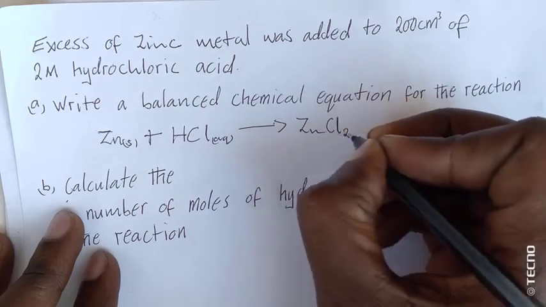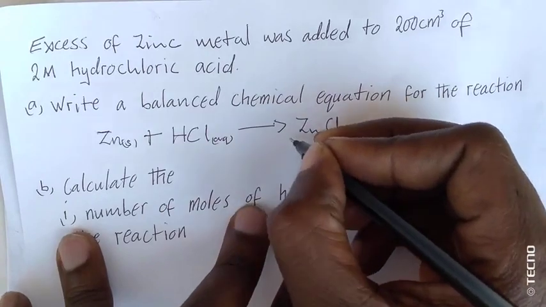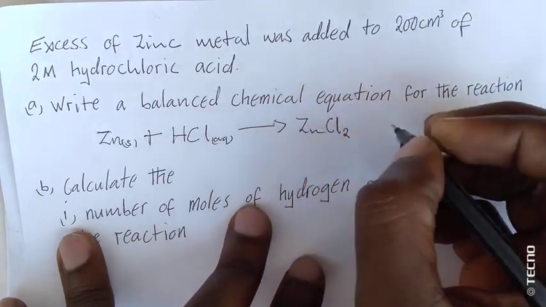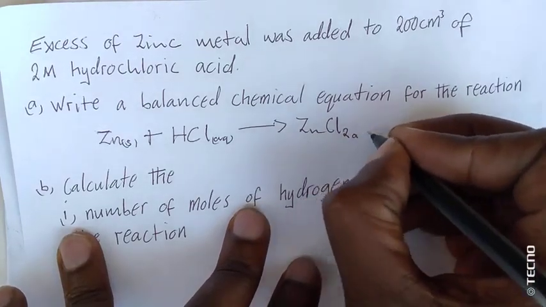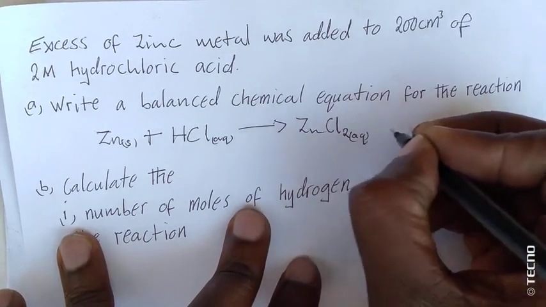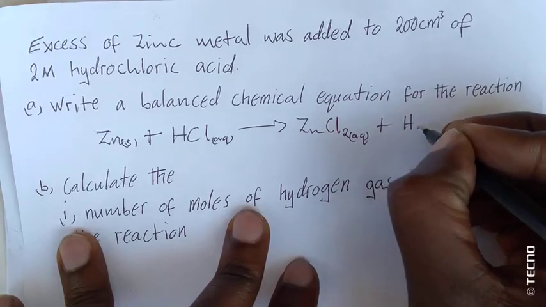It will be zinc chloride because the valence number for zinc is 2, so it will be ZnCl2, which is also aqueous. Then plus hydrogen gas will be produced.